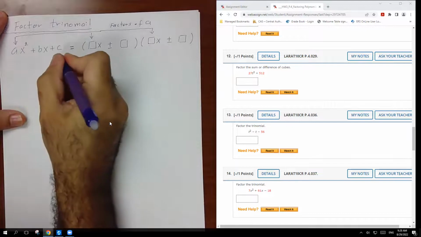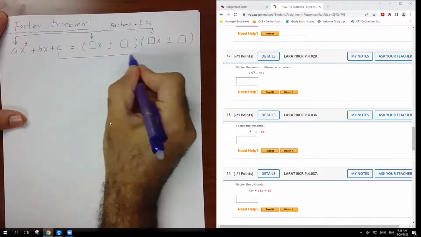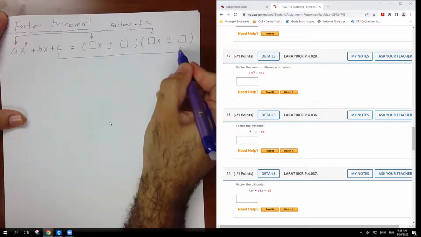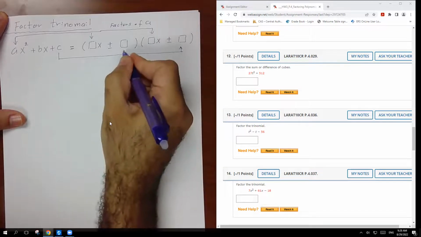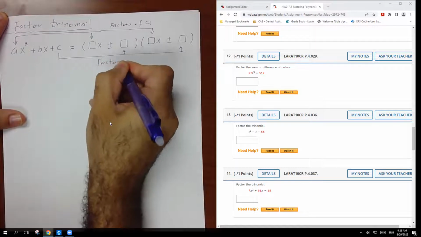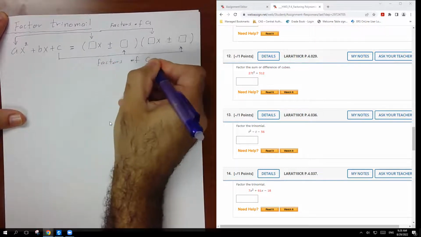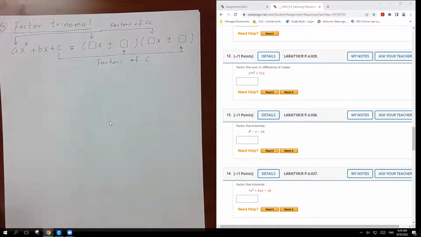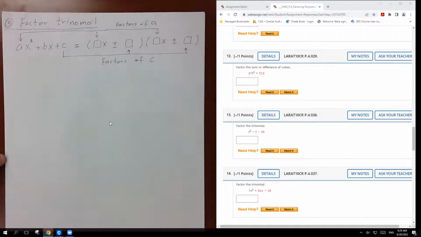The factors of c is going to be 1 here and 1 here. So now this is just the general form. When we do example, I'm going to show you how you're going to check this is the right solution. Let's do a simple example.